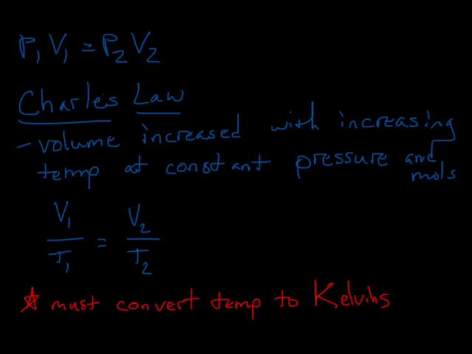For our gases and our gas laws, we've got to make sure that temperature is represented on the Kelvin scale, the absolute scale, meaning no negative temperatures. So the smallest possible theoretical temperature is 0 Kelvin, leading all the way up to, well, infinite temperature.